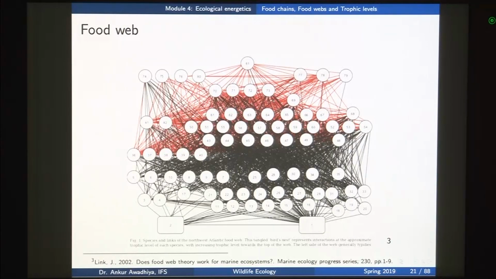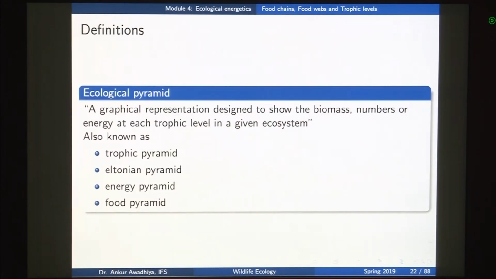So, to reduce this complexity, we make use of some tools, and one such tool goes by the name of an ecological pyramid. An ecological pyramid is a graphical representation designed to show the biomass, numbers or energy at each trophic level in a given ecosystem.